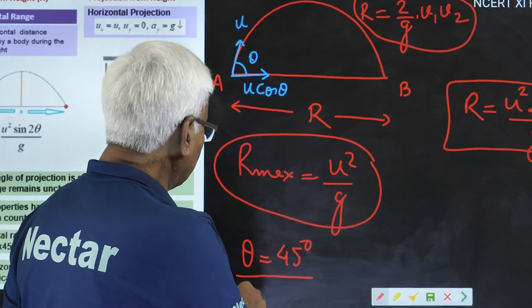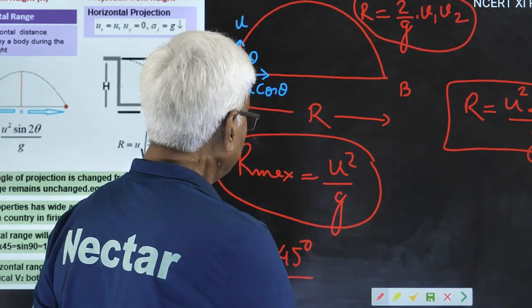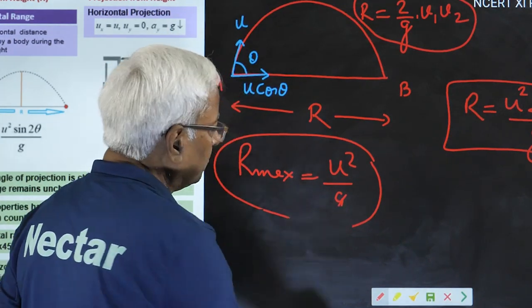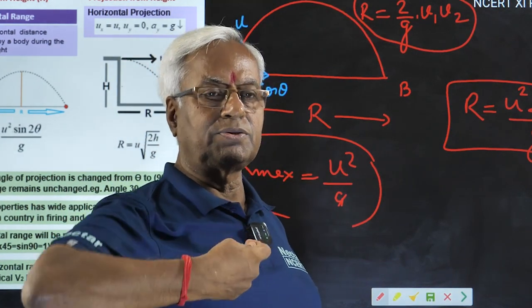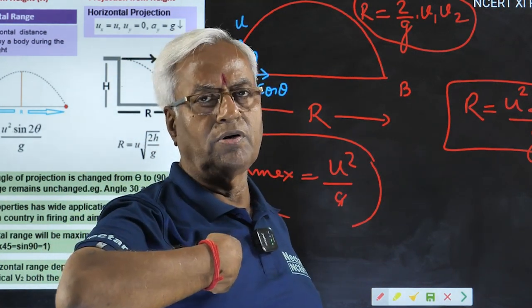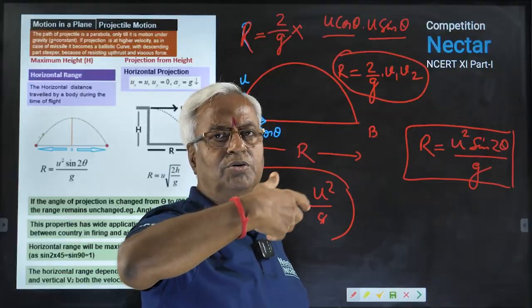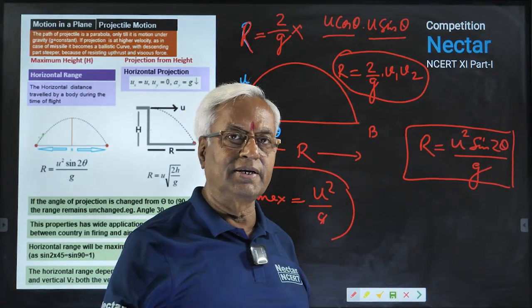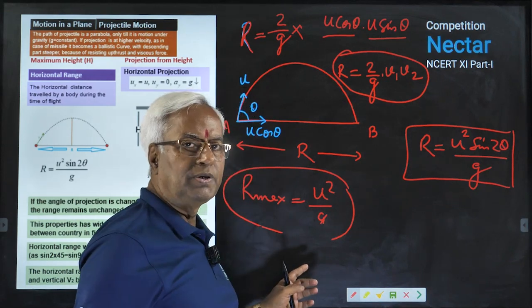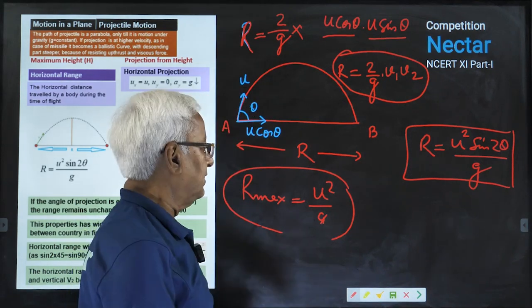For maximum range, you can choose this formula. Moreover, when you are throwing the ball from a height, like playing volleyball and throwing this way, you are not using the ground as a starting point. In that case, this angle needs to be a little less than 45 degree.